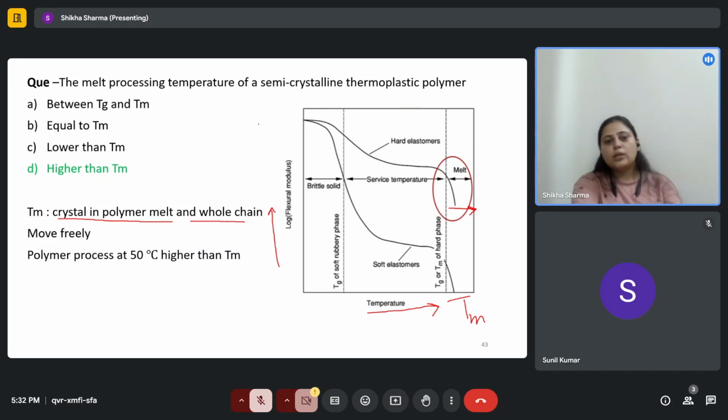Mostly for polymers we take 50 degrees higher than Tm for processing, so that the temperature is even. So you understood? Why not C, why D? Because only after Tm will a polymer start to flow in this region.